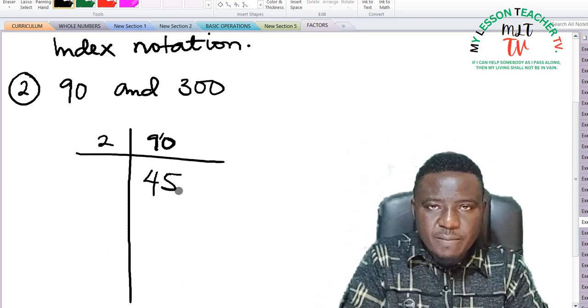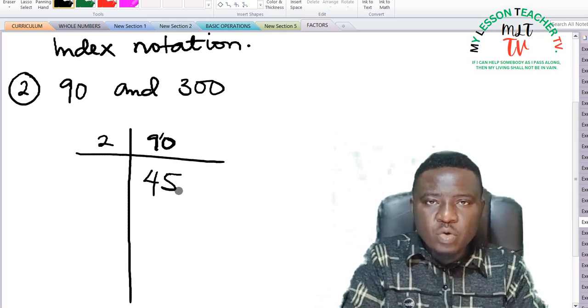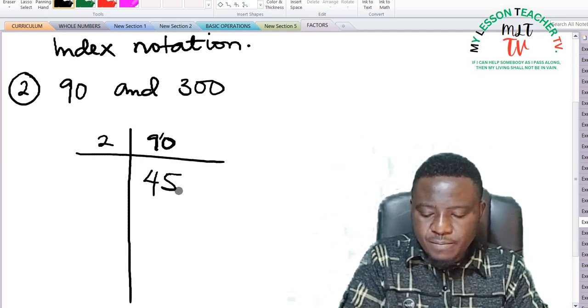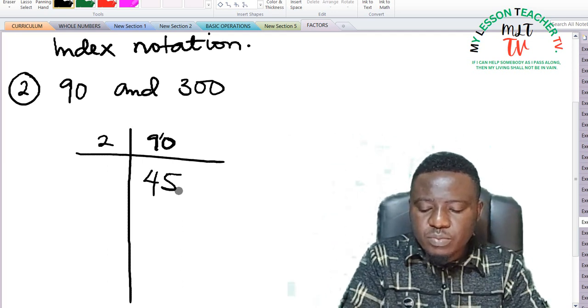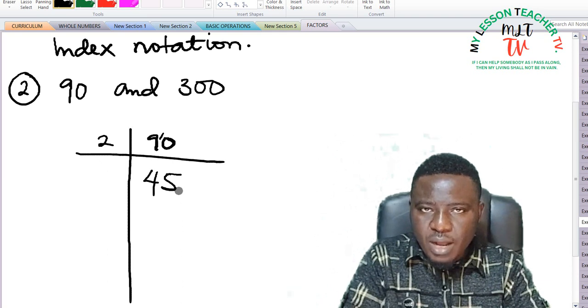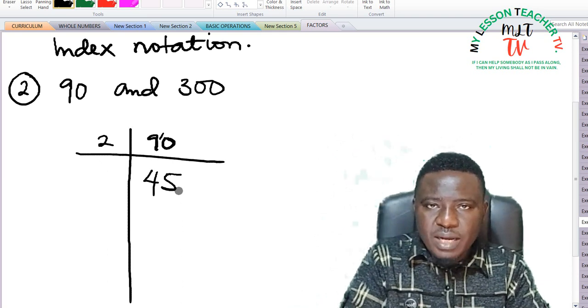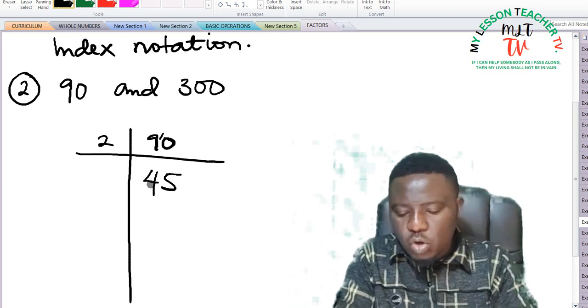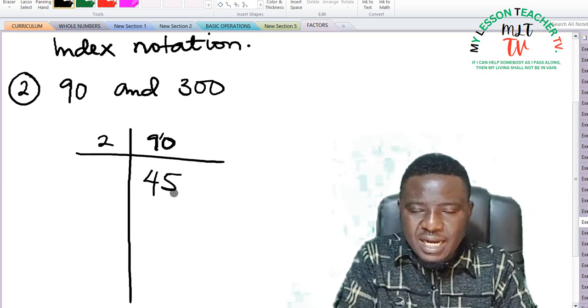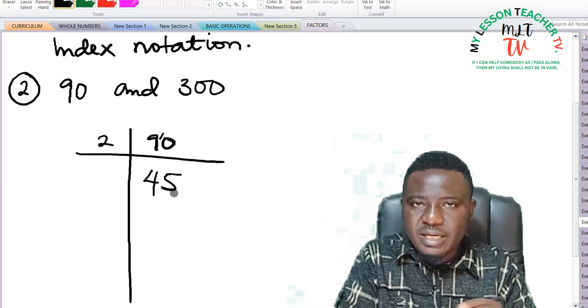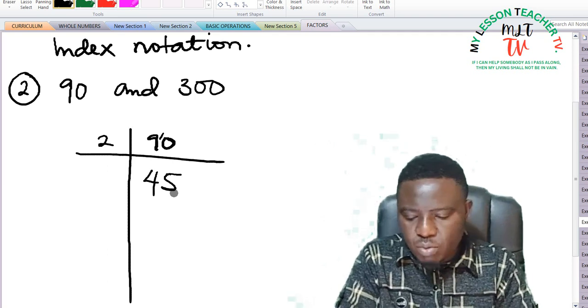So we can test for 3. Can 3 divide? Yes. The rule for divisibility by 3 is that the sum of the digits in that number must be divisible by 3. So 4 plus 5 is 9, and 9 is divisible by 3.